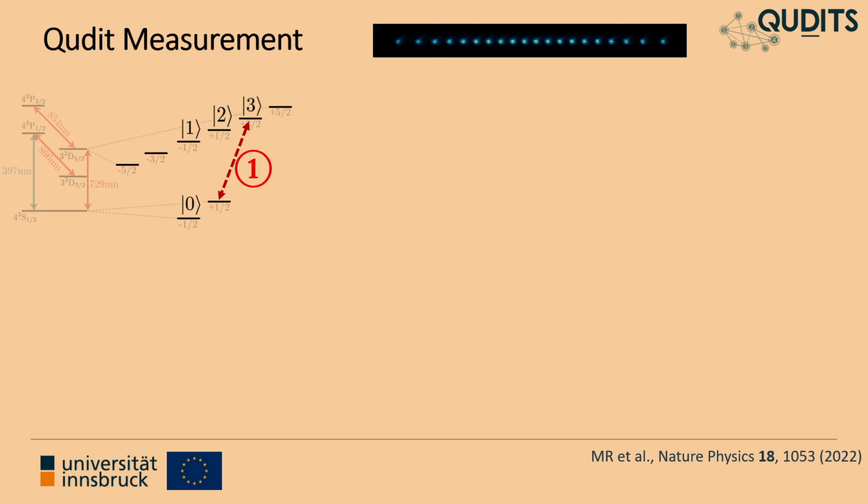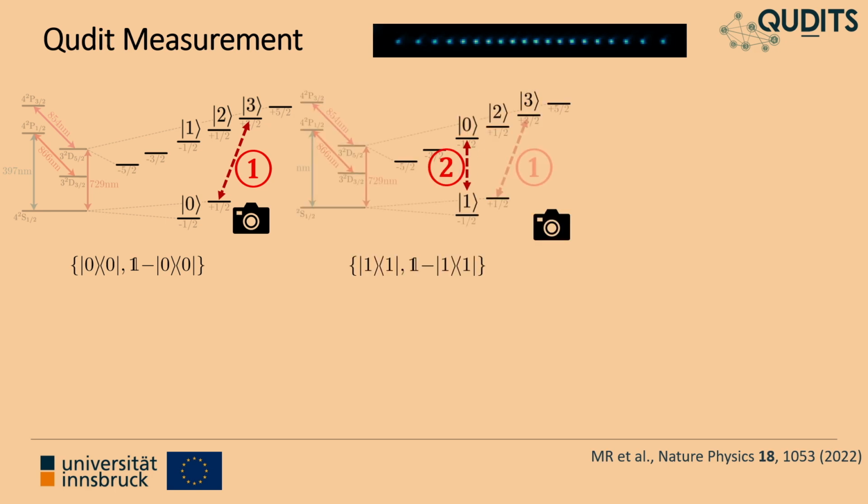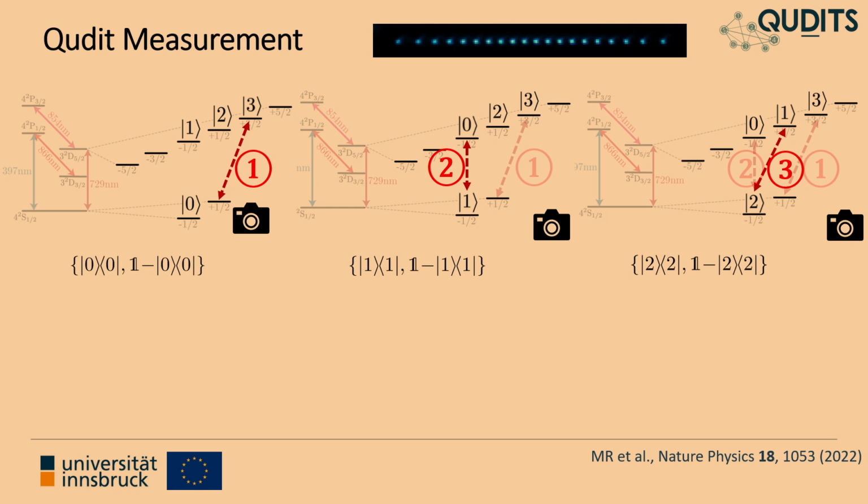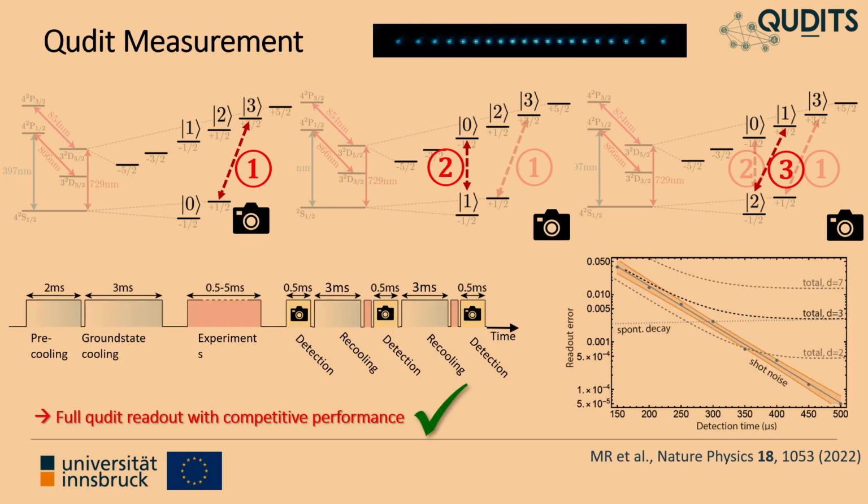But then you can just take a picture with your camera, and you see if it's bright, it was 0. If it's dark, it's somewhere in the excited states, but it was not perturbed by the measurement because no photons are scattered. So you can just do your mid-circuit measurements and keep going until you swap the states, measure again, swap the states, measure again, until you identified all these states. Now that gives you kind of a linear overhead, but that's not a limiting factor at this stage.